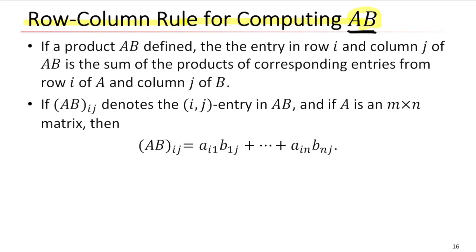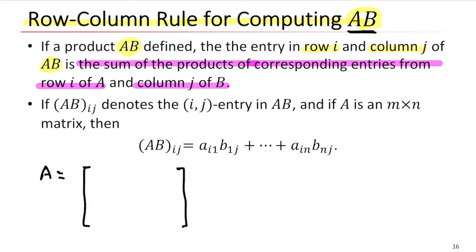Here's the rule: if the product AB is defined, the entry in row i and column j of AB is the sum of products of the corresponding entries from row i of A and column j of B. What does it mean? Let's see the example. There is a matrix A, a matrix B, and the matrix AB.